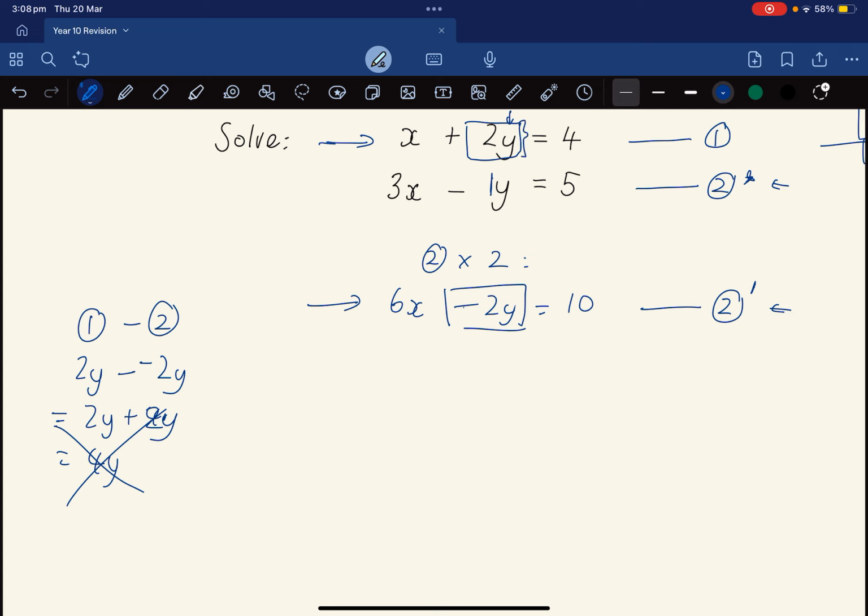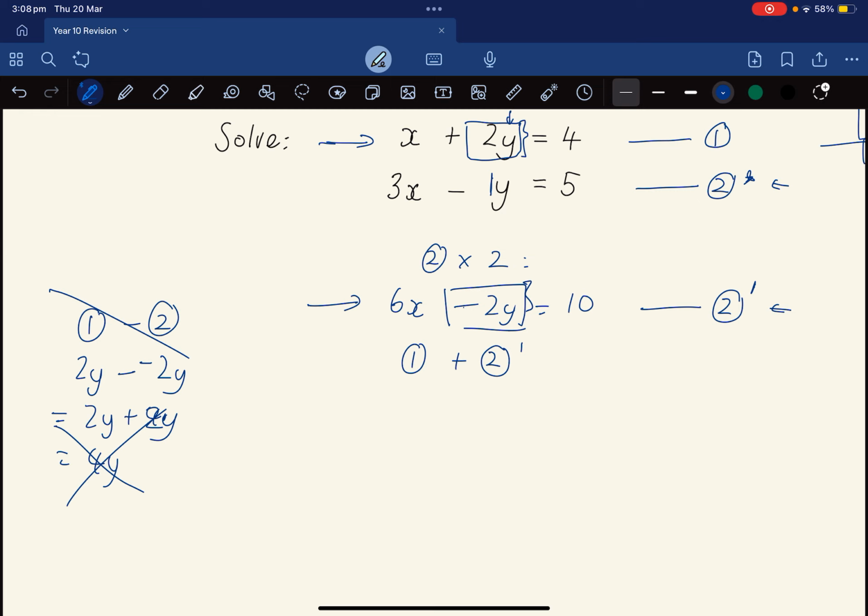So we want to add the equations. Because we know not to subtract, it's going to get us 4y. We're going to add the equations, and I'll show you what happens. Equation 1 plus equation 2 dash.